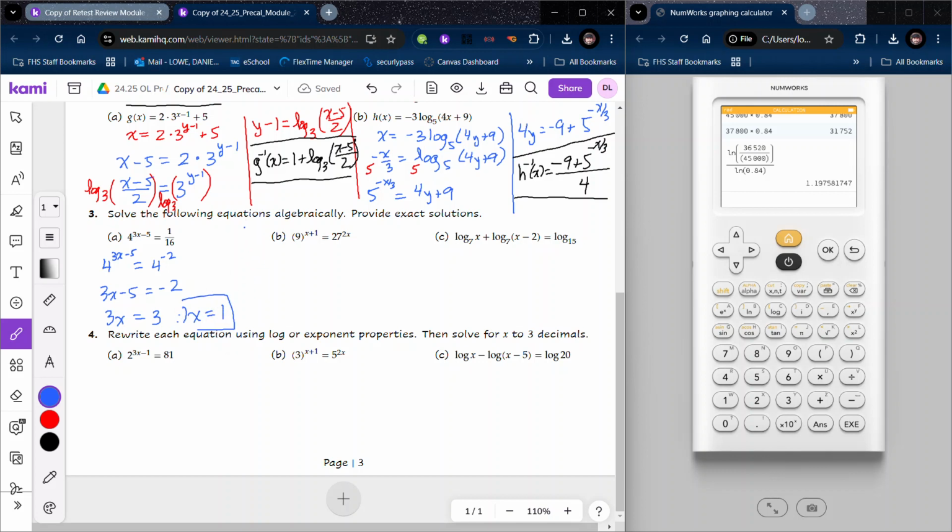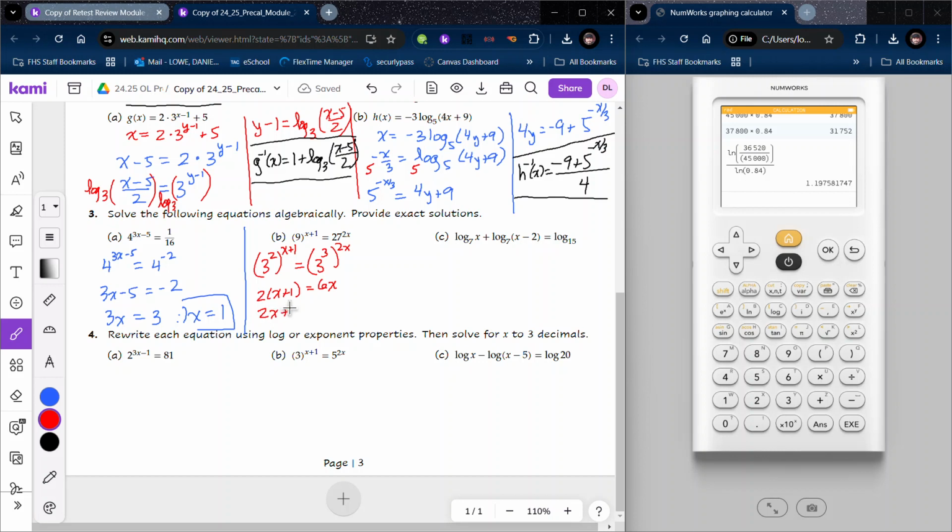And that's my solution. If I look at the next problem, I have 9 raised to the x plus 1, 27 raised to the 2x. I can see both of these are base 3, so I have 3 squared raised to the x plus 1 is going to be equal to 3 cubed raised to the 2x. Properties of exponents, I can multiply the exponents, and so that gives me that 2 times x plus 1 must be equal to 6x.